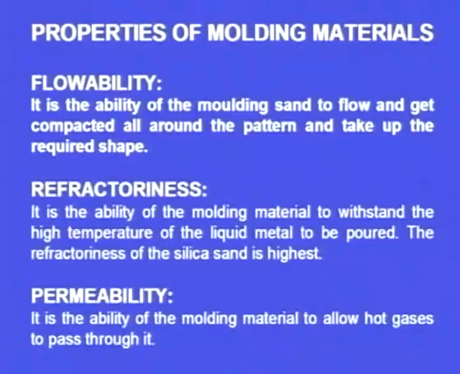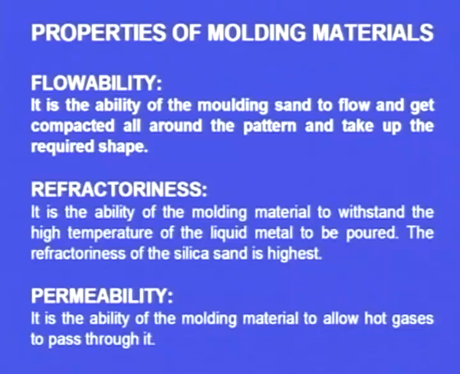The next one is refractoriness. What is refractoriness? It is the ability of the molding sand to withstand high temperature. When we make the mold, after withdrawing the pattern, we pour the molten metal, which is at a very high temperature. If we are making an aluminum casting, it is heated to about 700 degrees centigrade. If we are making a cast iron casting, it is heated to about 1400 degrees centigrade.